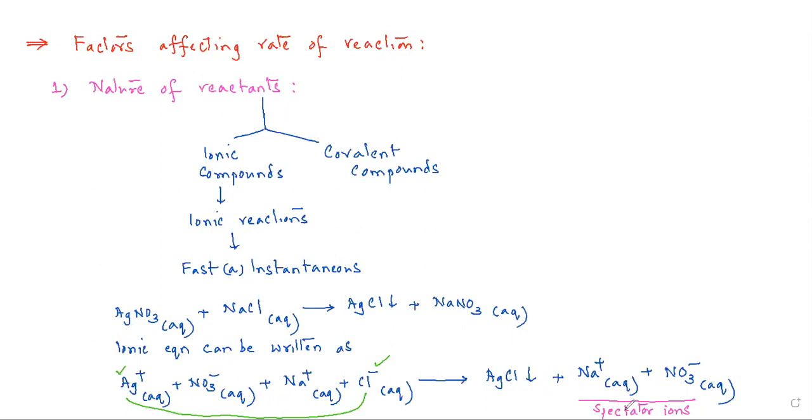Now then, what is the net equation? Therefore, the net equation is Ag plus Cl minus gives rise to AgCl precipitate. Removing the spectator ions, the final equation can be written this way.